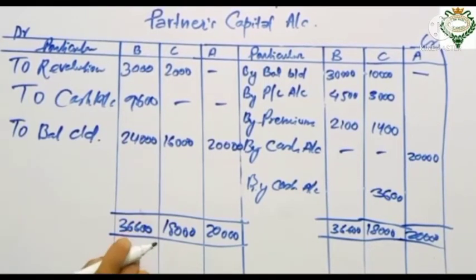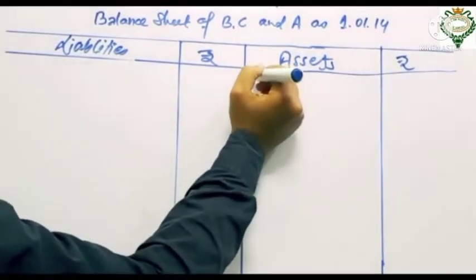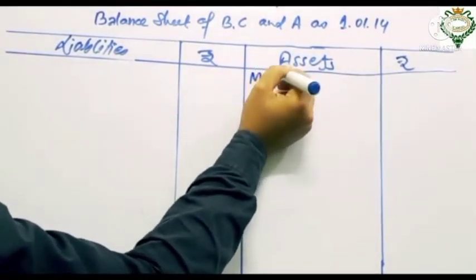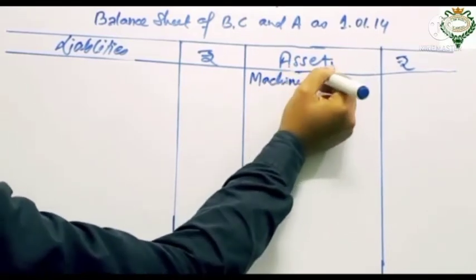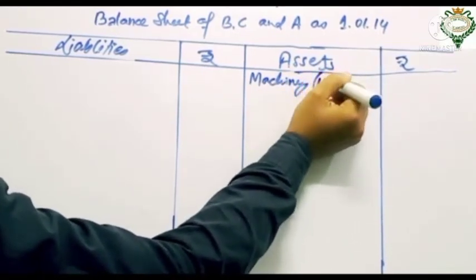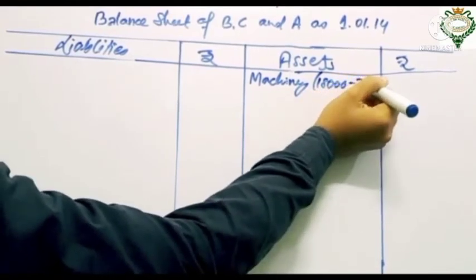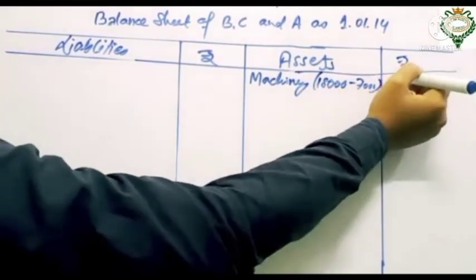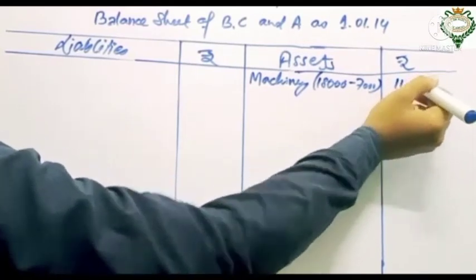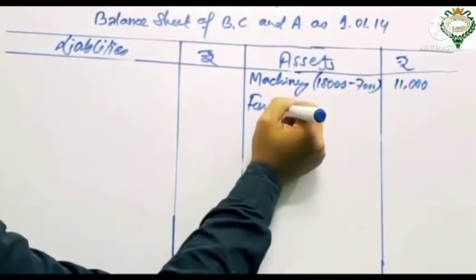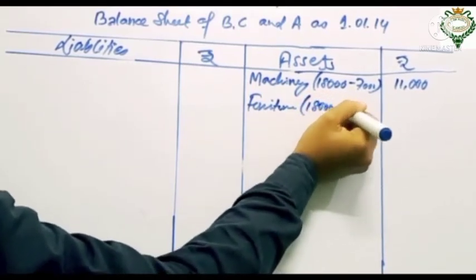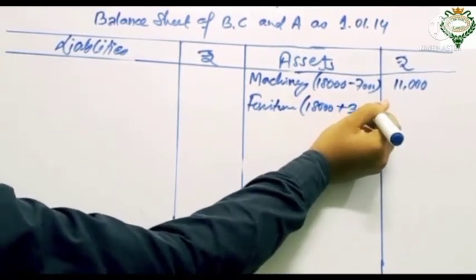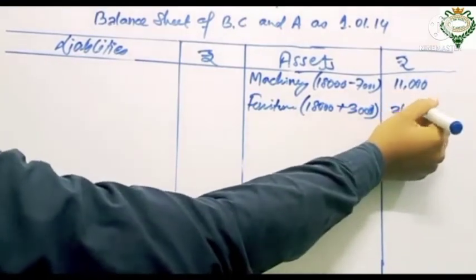Okay, now draw the format for the balance sheet. Now look at the asset side first, that is machinery. Previous value is 18,000, now depreciated by 7,000. Now the present value is 11,000. Furniture is 18,000 plus 3,000, here 21,000.